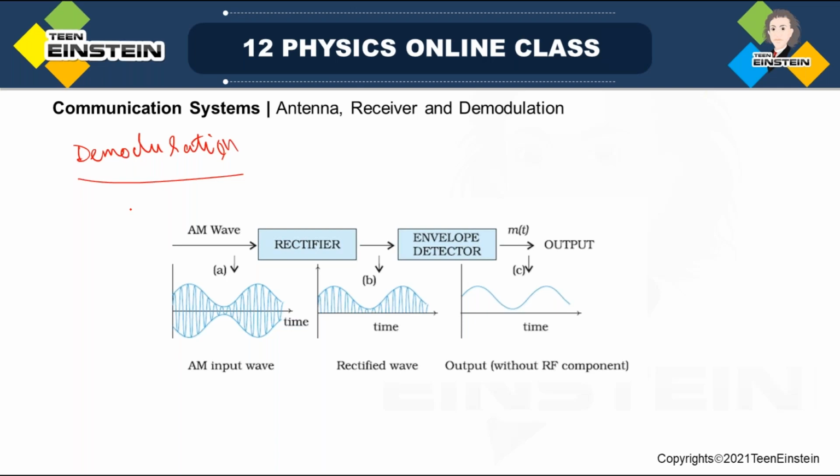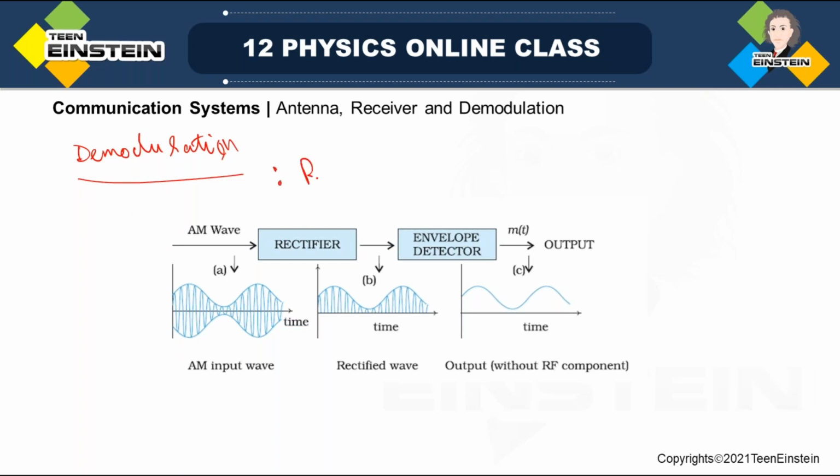There will be a high frequency carrier wave which will carry the message signal. In the demodulation case, the process of recovering the original audio signal from the modulated wave is known as demodulation or detection. It is a reverse process of modulation.